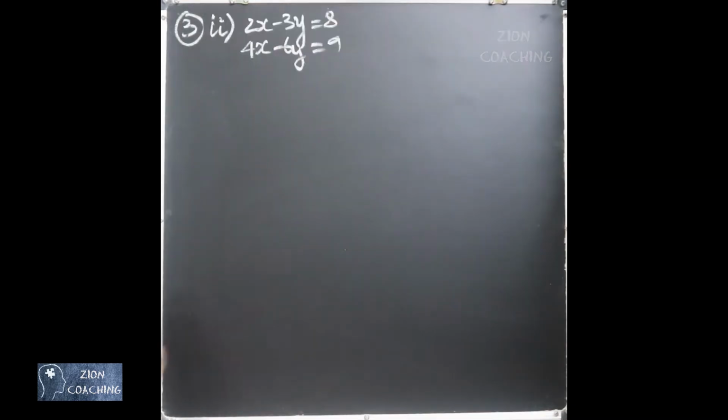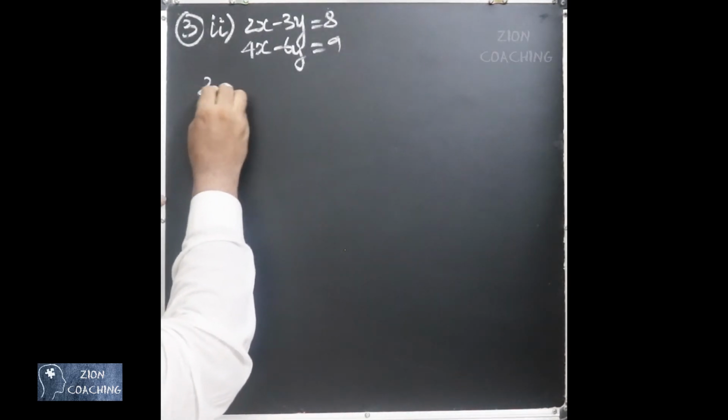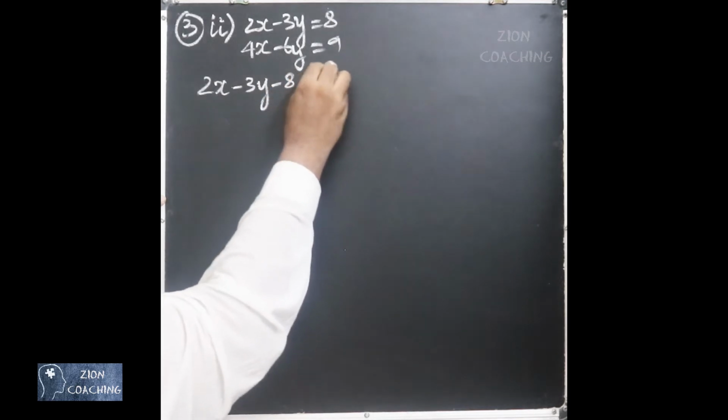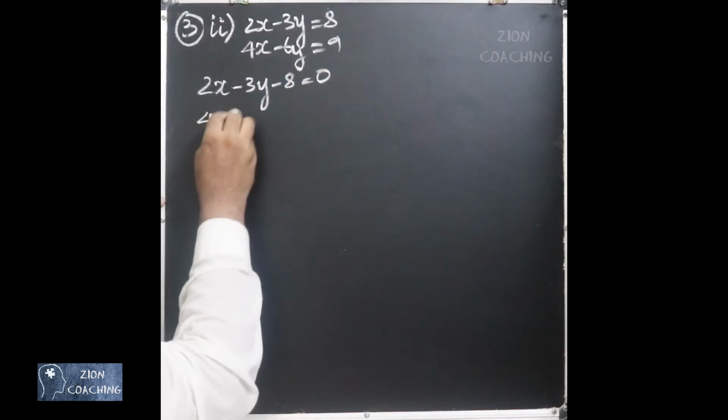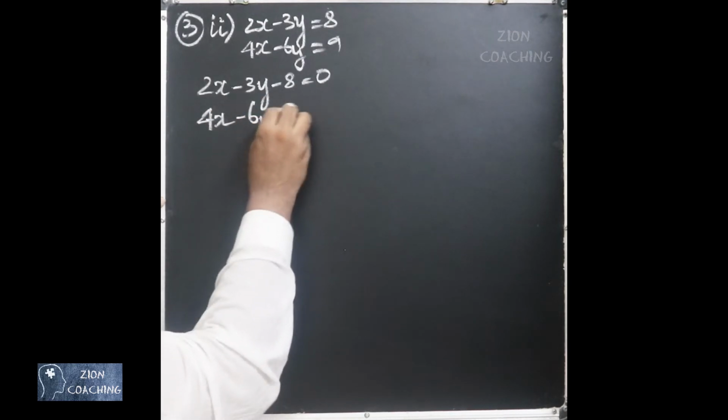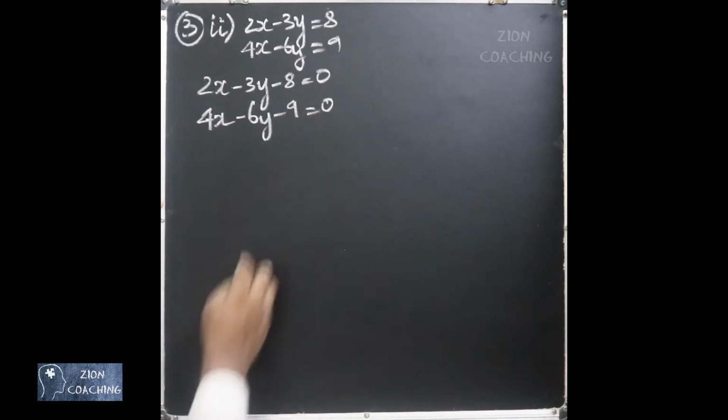First, we will write the given two equations in the general form. We will have 2x minus 3y minus 8 equal to 0 and 4x minus 6y minus 9 equal to 0.